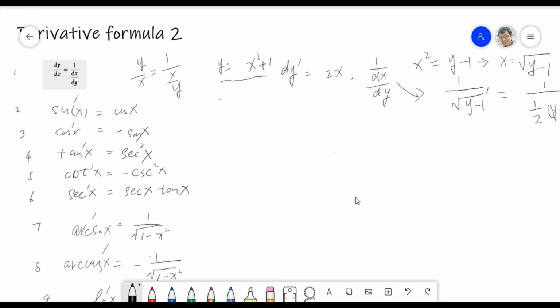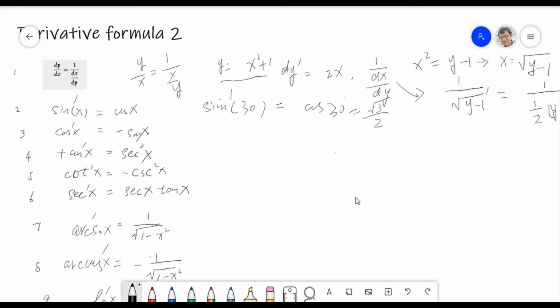Let's give an example. If we take sine x and make x equal 30, then the derivative will be the same as cosine 30 degrees. Cosine 30 degrees is square root of 3 over 2.